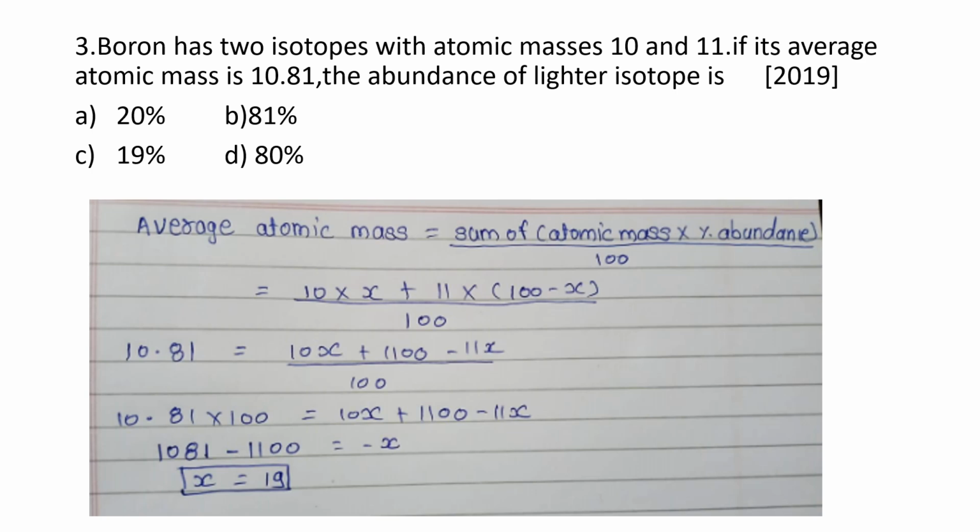As we don't know the percentage abundance of these two, we will consider it x and 100 minus x. By putting the values, after calculation we get x equal to 19. It is asked only the percentage abundance of the lighter isotope. We got here the value 19%. Your option number C is the correct option for this.